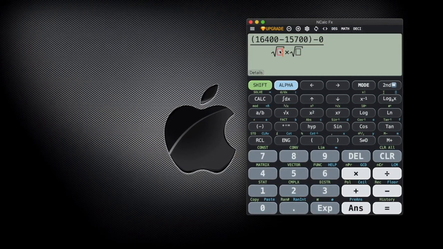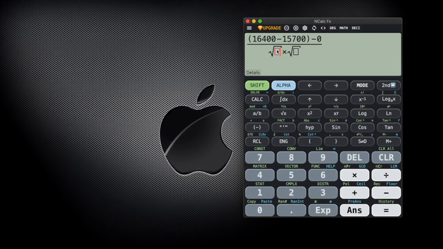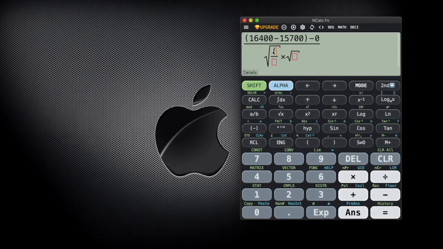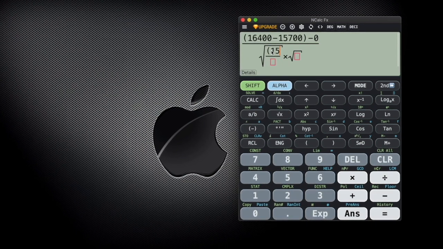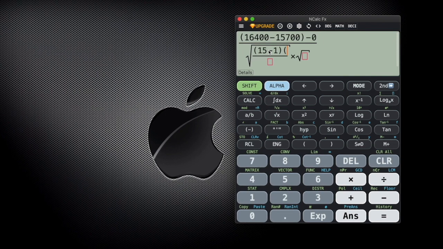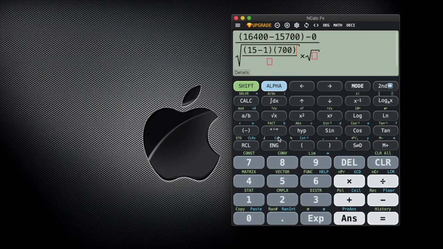Okay, so first, on the first square root, we have here, let's have fraction, okay? So, we have 15 minus 1. You can actually direct it on your calculator, guys. 15 minus 1, then 700, then let's have the square.